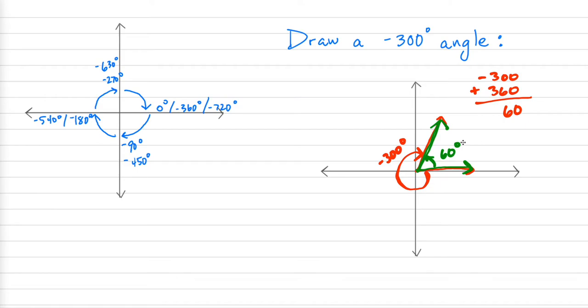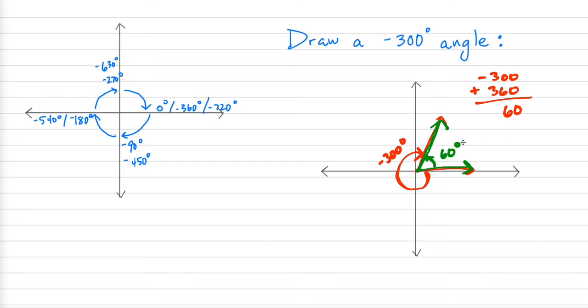On the test, do we have to draw the little circle and put the 60 in between the angle, or can we just write it? I guess it depends on the question. If I ask you to draw a negative 300-degree angle, the little circle arrow is you telling me that you know what direction you went to get to it.